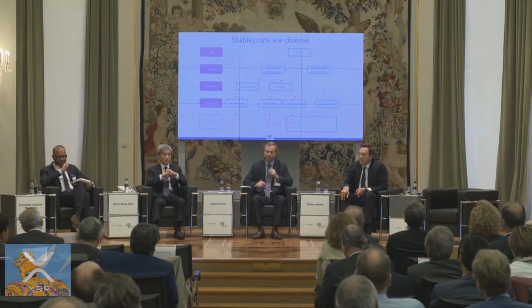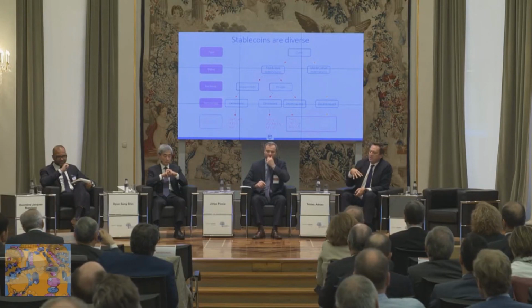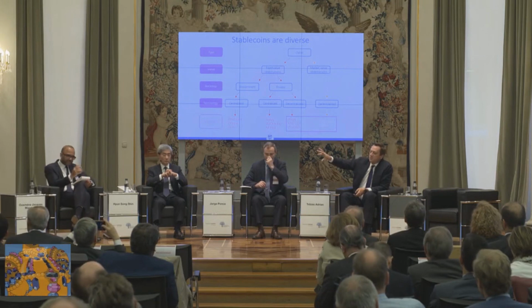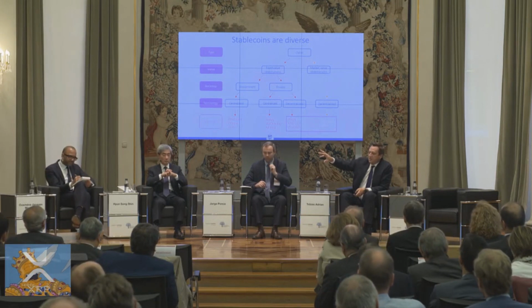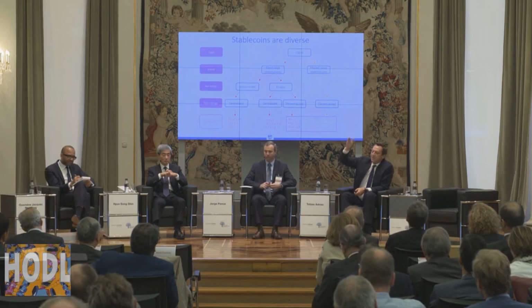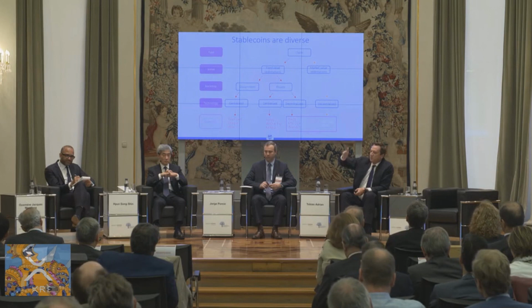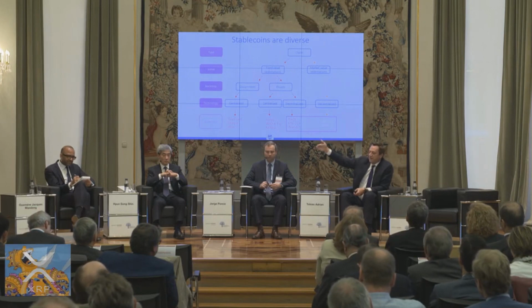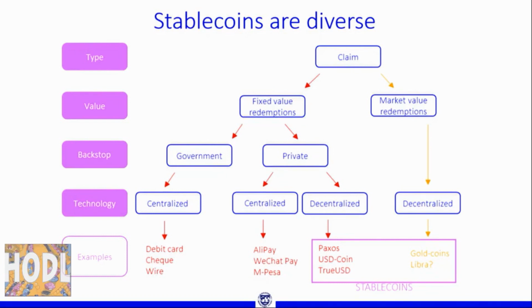Now, what are stable coins? What we think of as stable coins are decentralized forms of digital cash. That would include things like the US dollar coin, a stable coin that has reserves held at a commercial bank, and every single stable coin is backed by one of these dollar reserves at a commercial bank.